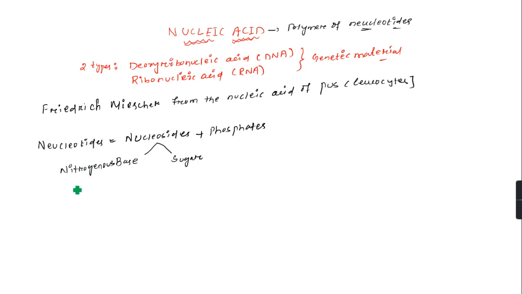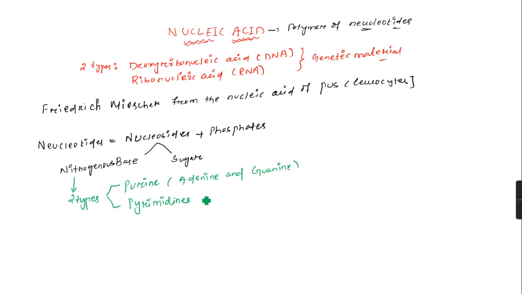These nitrogenous bases are of two types. One is purine, another is pyrimidine. Purines are adenine and guanine.